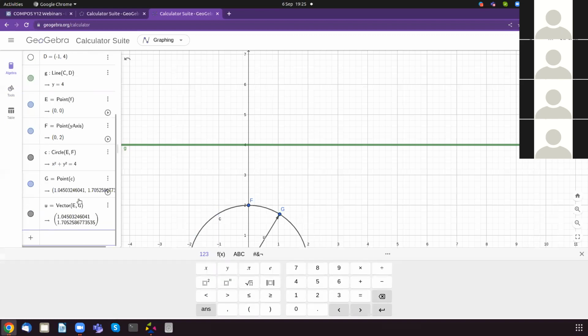Now I'm going to draw the speed of the river. So let's call it R. And this is going to be plus 7, 0.